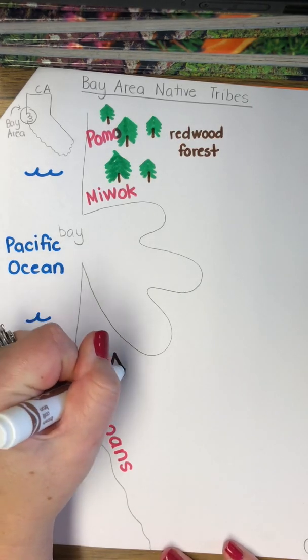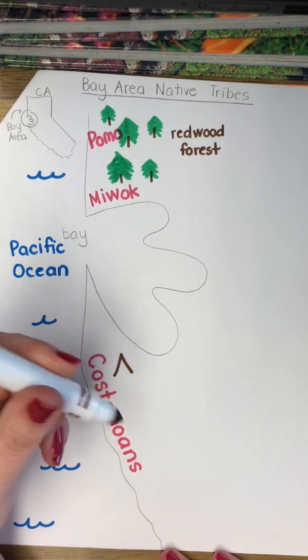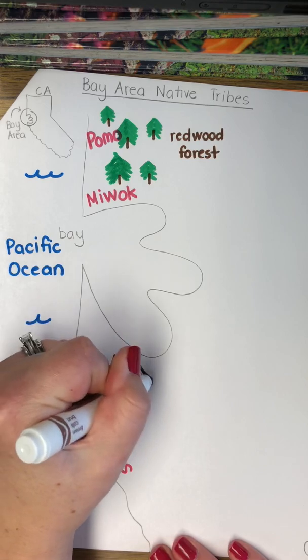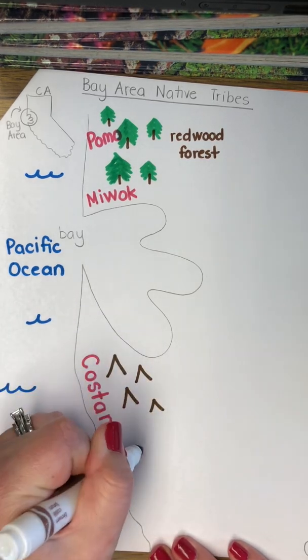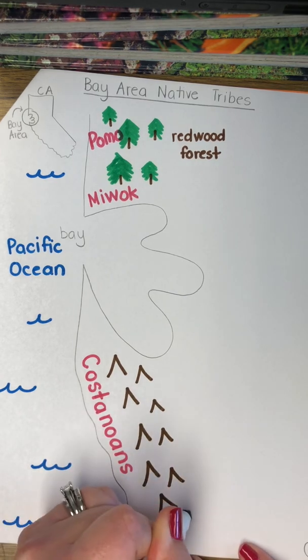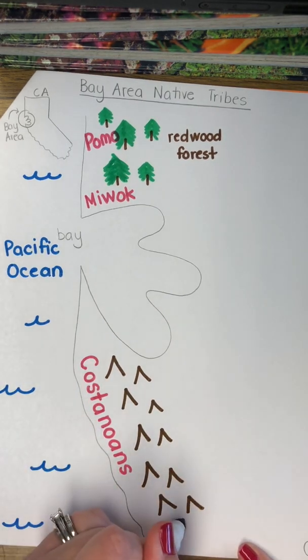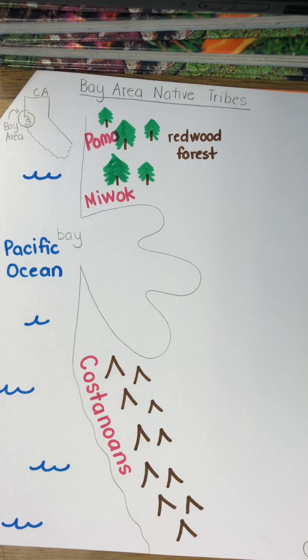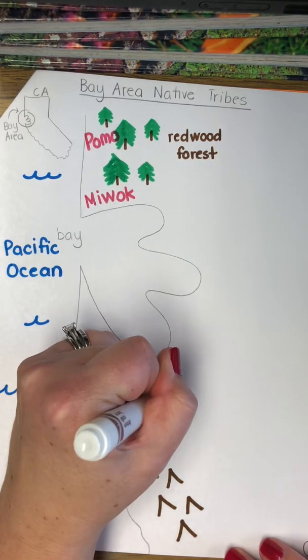So I'm going to draw some mountains here with my brown marker. I'm going to draw these mountains. They're not at the coast. There's a little space. Okay, they're right there. And these are the coastal mountains.